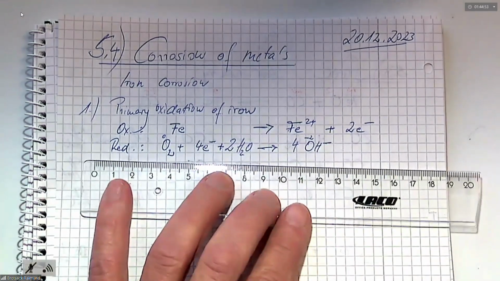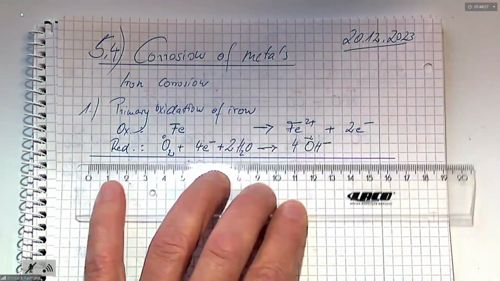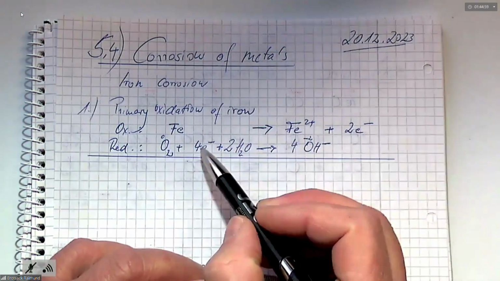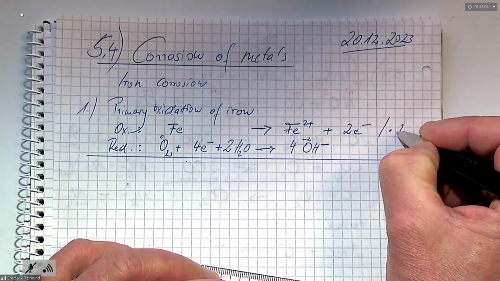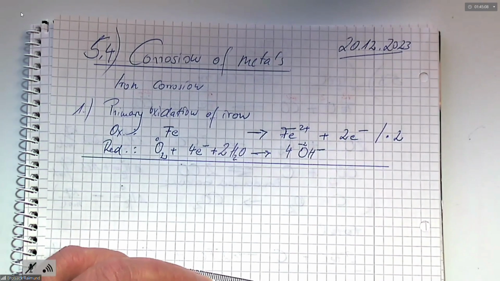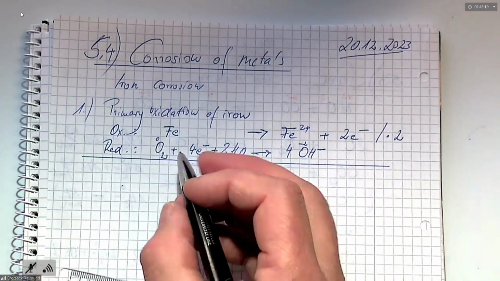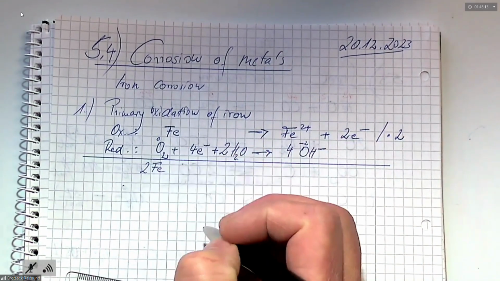But now when we create the overall redox reaction, we see 2 electrons here, 4 here. Well, what's to do? We have to multiply the part of the oxidation by 2. And then we can sum up. We have 2 iron from the oxidation.